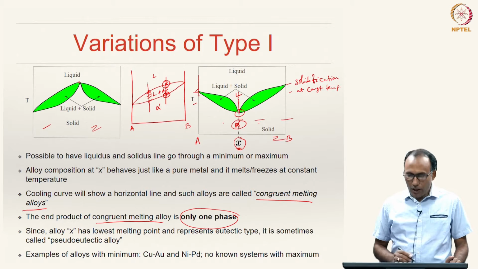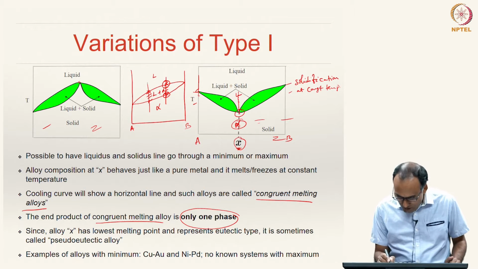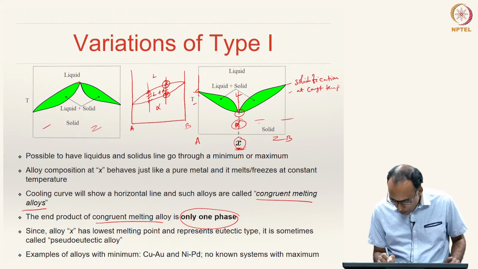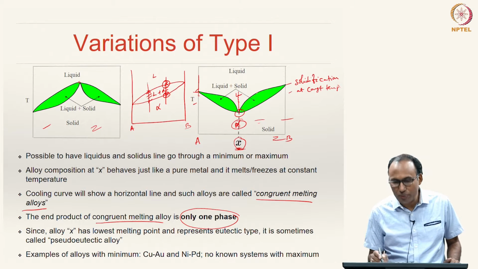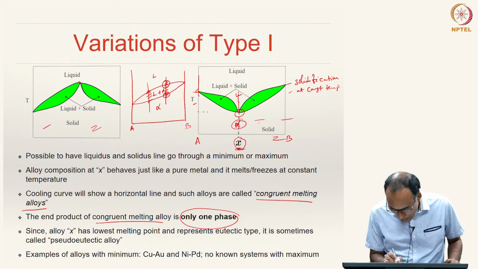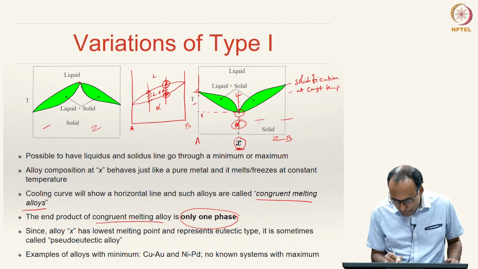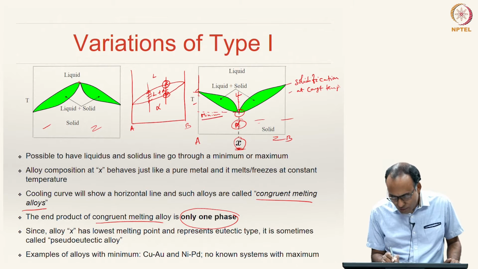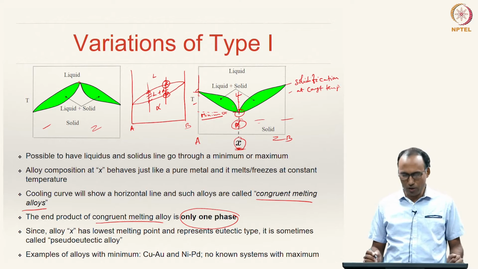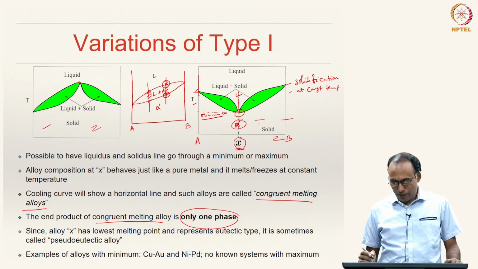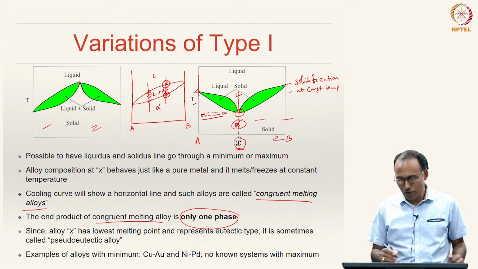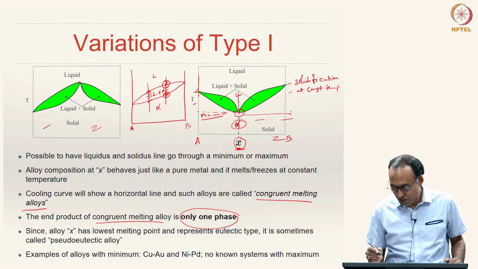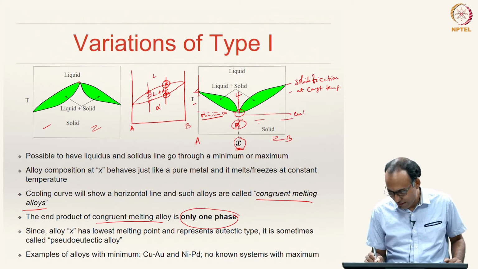So, for instance if you see this particular alloy composition X, amongst all the alloy combinations between A and B, the alloy X has the minimum solidification or lowest melting temperature, and hence this represents a special kind of alloy type called eutectic, but it is not eutectic.